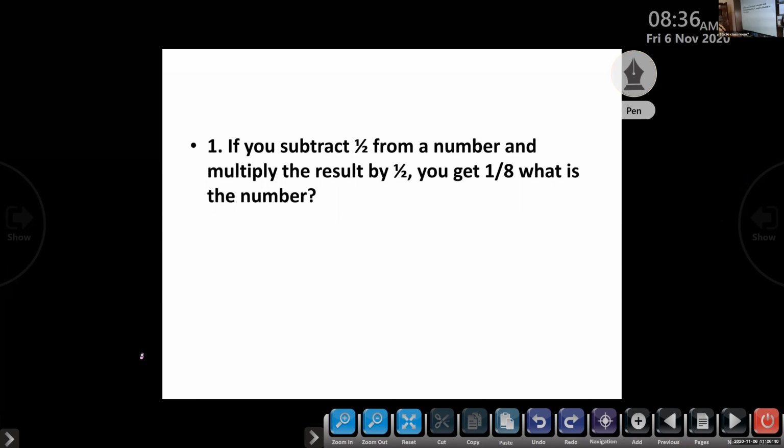So first, let the number be x. Then you try to get the equation.